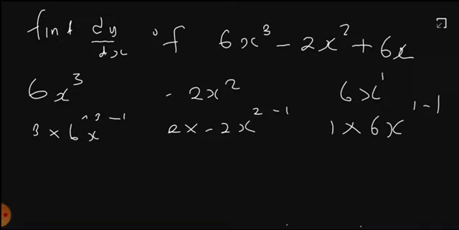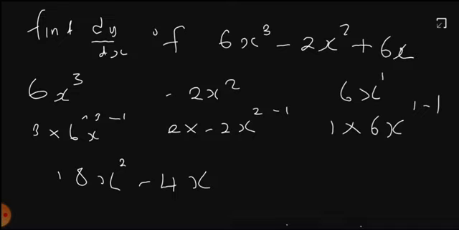We have 3 times 6, which is 18, x to the power 3 minus 1, that is 2. 2 times negative 2, that is negative 4, x, since 2 minus 1 is 1.